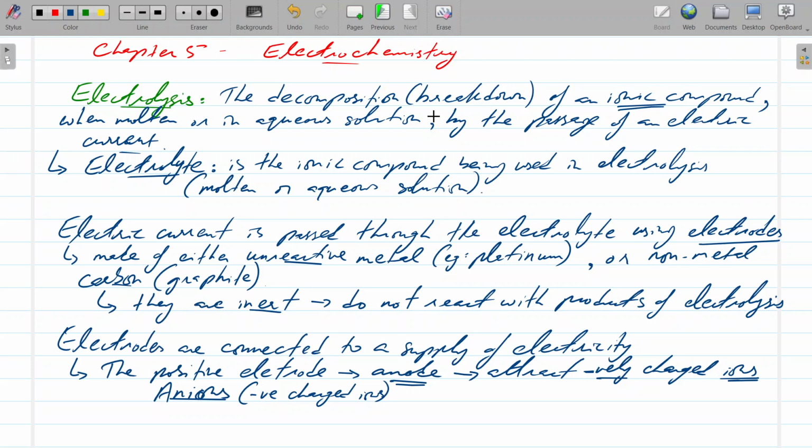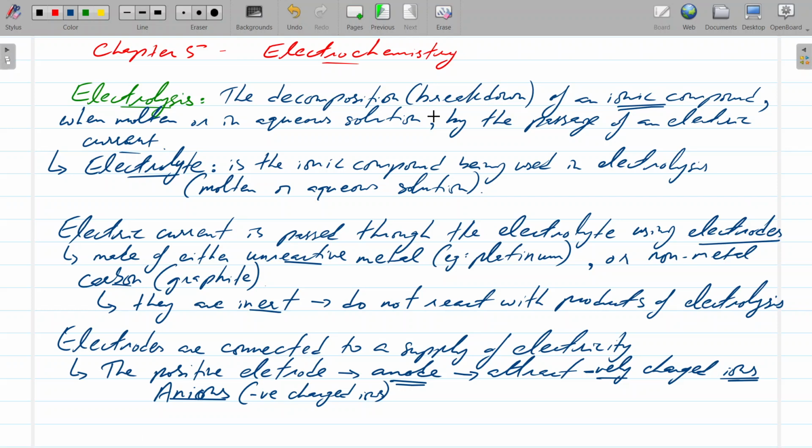We'll look at examples. What's happening is that they take an ionic compound, either in its molten state, so you take a solid ionic compound and heat it to melt it, or you dissolve it in water, so that's an aqueous solution. Then you pass electricity through it, and that causes the ionic compound to break down, so it separates.